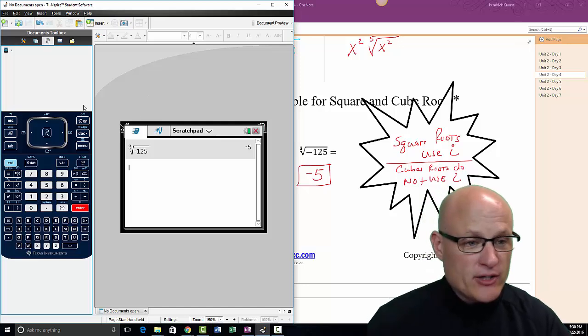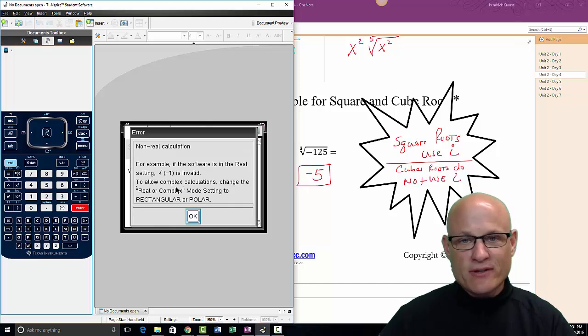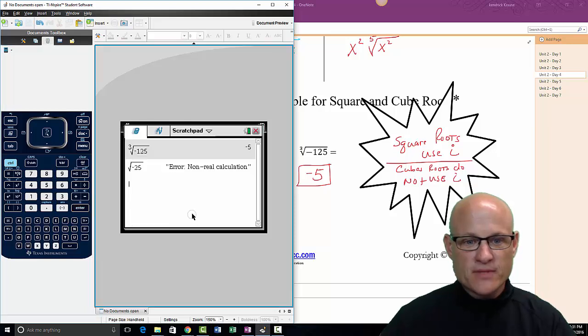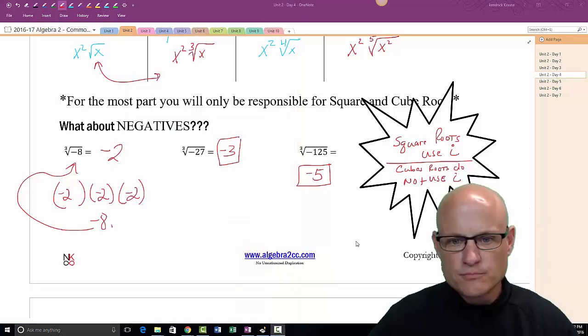Now, if you try to do the square root of -25, it'll say non-real calculation. Okay, you need i. You have a problem. Okay. All right. Well, that's page 1.